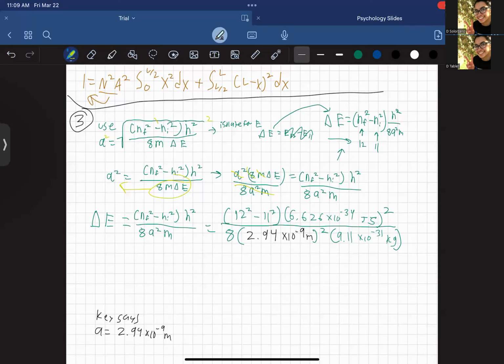So for this part, I got 23. This is where she got the 23 from in her key.